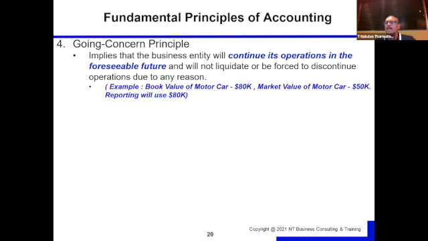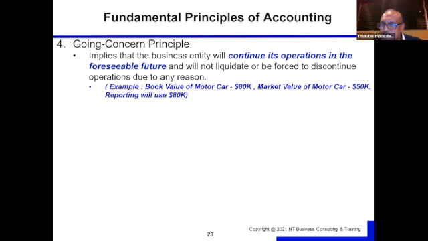Net realizable value is, like for instance, in this case, as you're looking at this slide, if you have a motor car for your business, the value of the motor car in your balance sheet at the end of the year, the book value, later you'll come to something called book value. You'll understand that it is cost minus any depreciation you provided. It is being recorded at 80,000 ringgit.